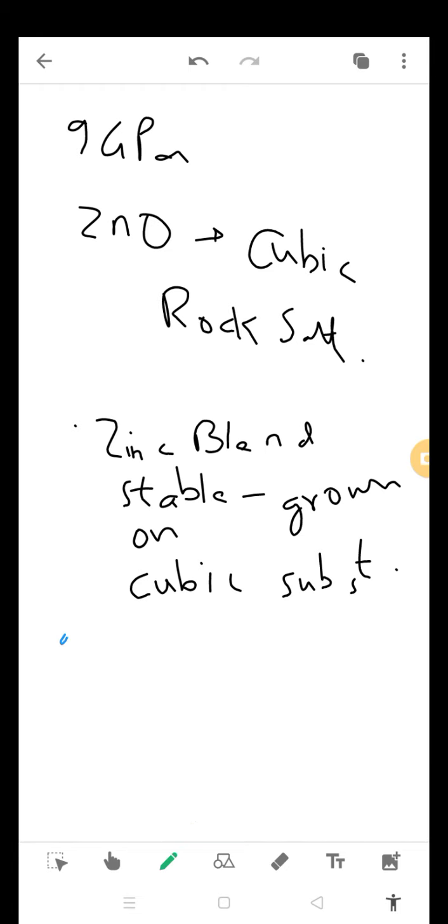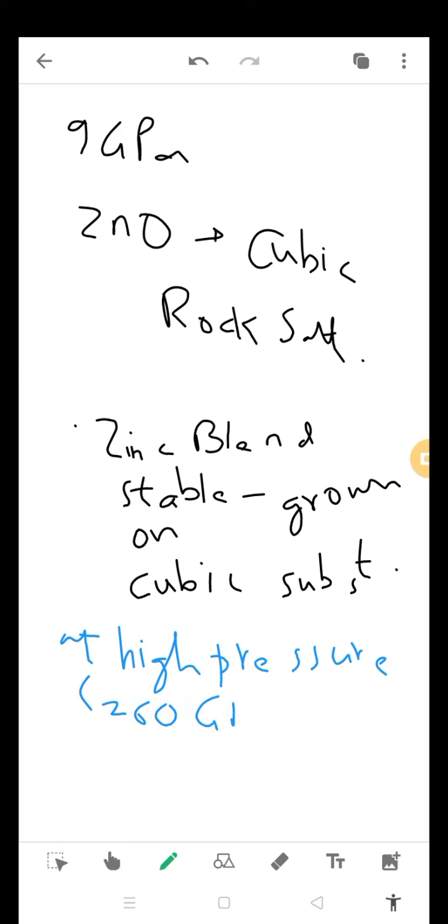At high pressure, that is around 260 gigapascal, structural changes in zinc oxide take place.